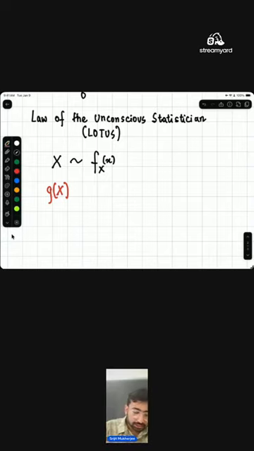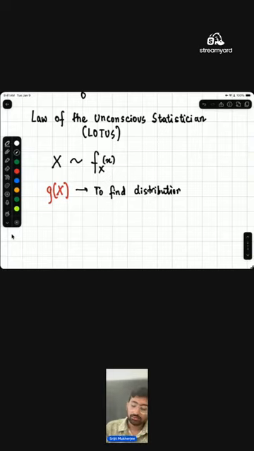So this law of the unconscious statistician says that if you have a random variable g(X), which is a function of X, finding the distribution of this is a huge task.